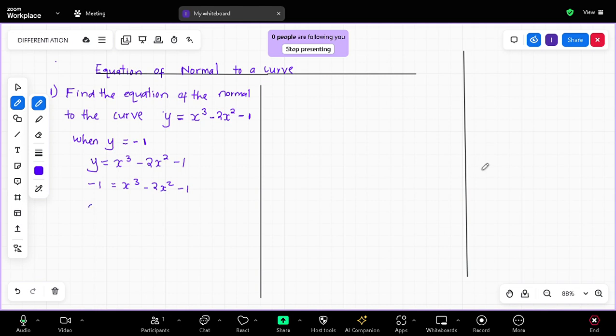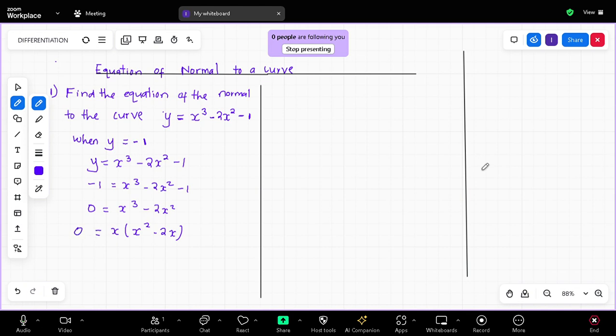So we get 0 equals x cubed minus 2x squared. Now we need to find the value of x. We can factor out x, which gives x times the bracket x squared minus 2x, equal to 0.